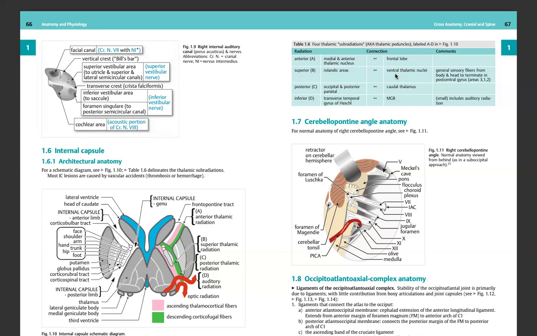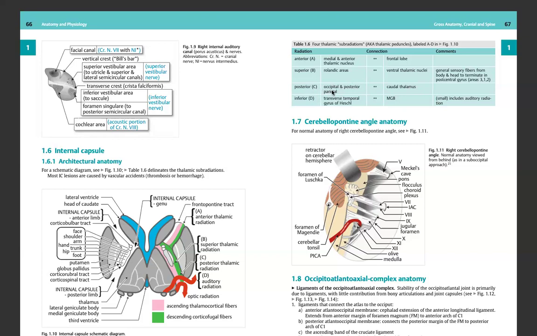That's the superior thalamic radiation. The posterior thalamic radiation subserves the function of, I'm sorry, the posterior thalamic radiation from the thalamus, that's for vision.